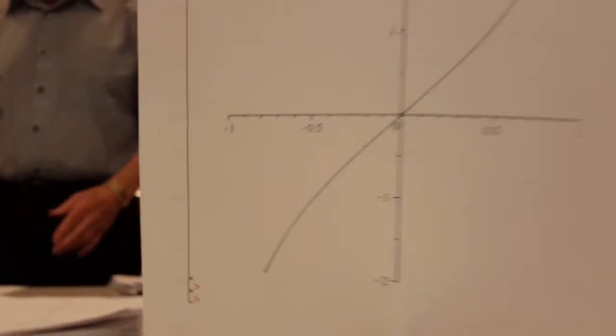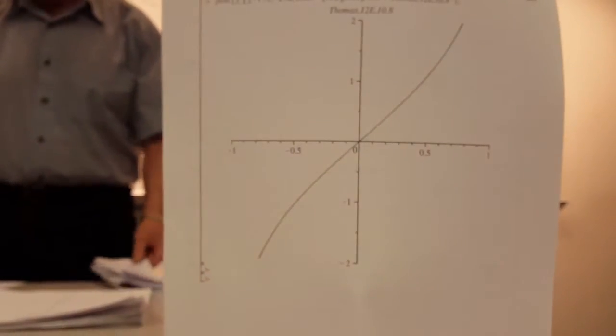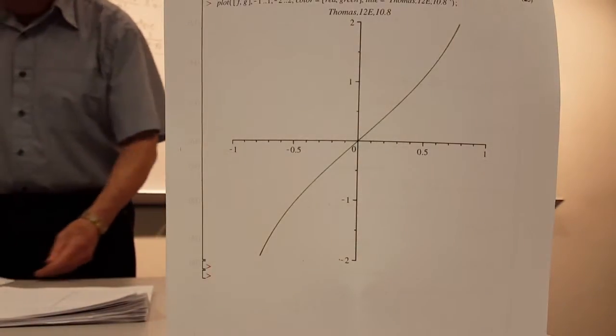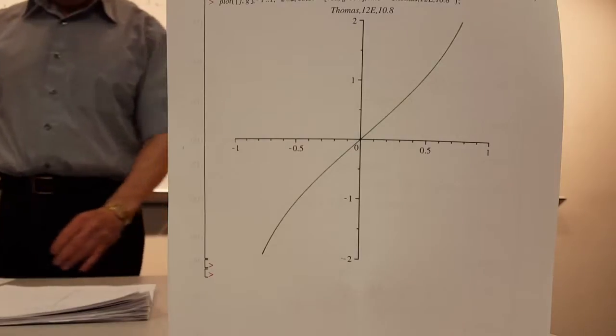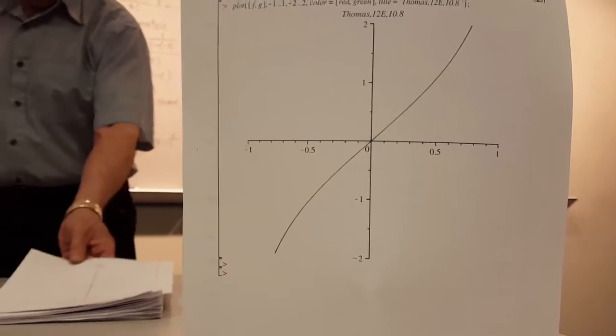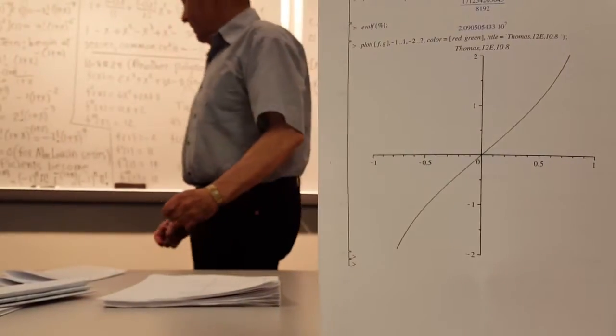So this is graphical evidence that the Taylor polynomials become very close in a geometric sense to the true function.